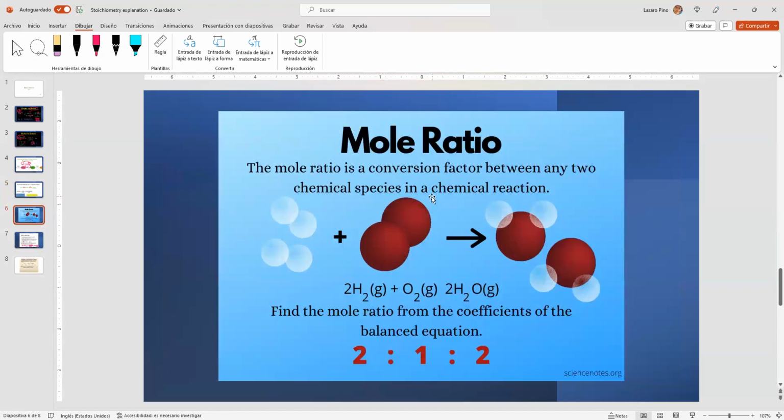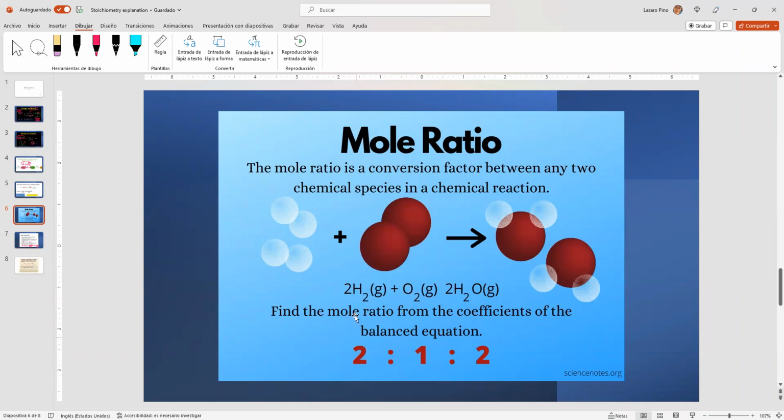The mole ratio, as I told you, for example, is, you want to know the ratio between hydrogen molecules to oxygen molecules.